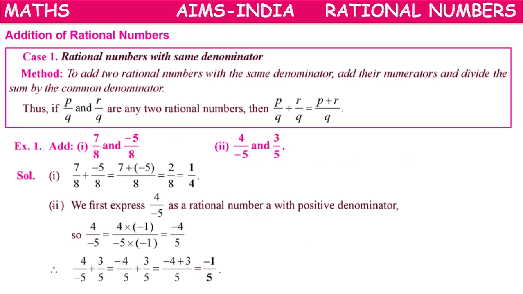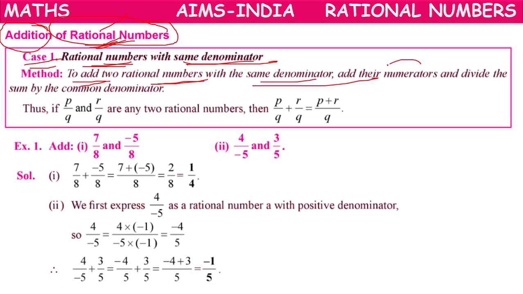Next, we have a mathematical operation: addition of rational numbers. How do we add rational numbers? In case 1, we add rational numbers with the same denominator. To add two rational numbers with the same denominator, we add their numerators and divide the sum by the common denominator.